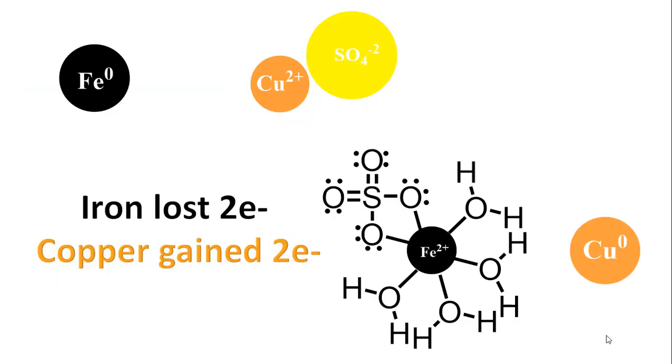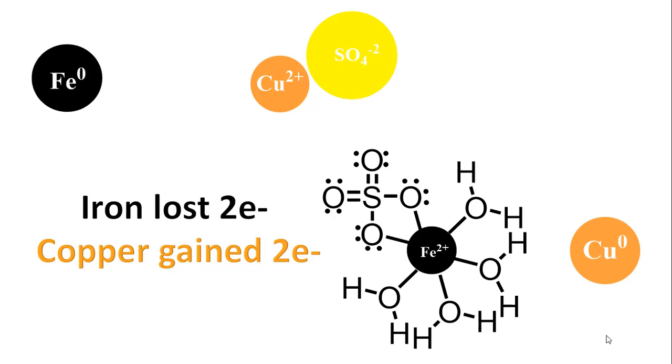So let's talk even further. So what happened in the reaction is I have iron 0 here, and that is going to react with a molecule of copper 2+ or copper sulfate. Right, so let's look at what happens, and this is a rough depiction of this. It's not 100% accurate. It's the best I could do with PowerPoint.